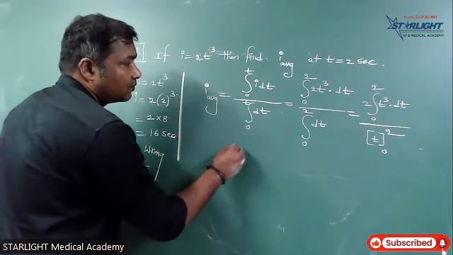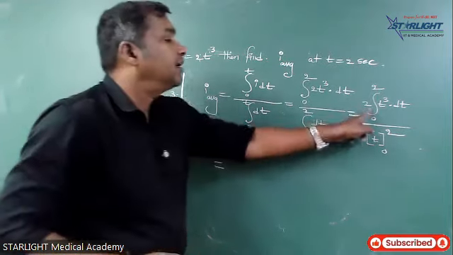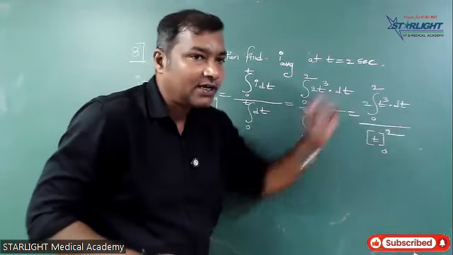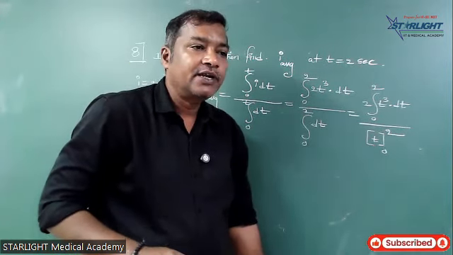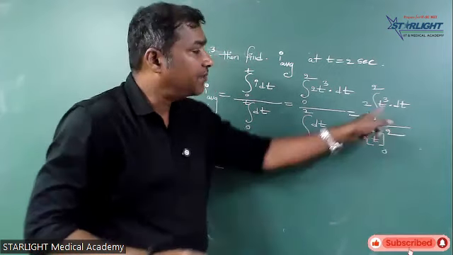That is equal to 2 outside, and the integral of x power n dx formula is x power n plus 1 upon n plus 1. Then what happens?